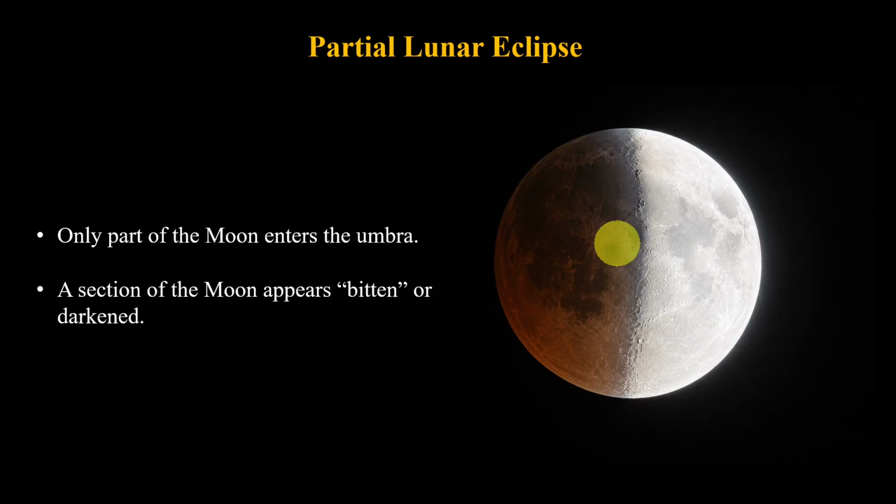Here, only part of the moon enters the umbra, and a section of the moon appears darkened, while the other part looks normal. That is the one we're expecting this week or next week, on the 27th and 28th.